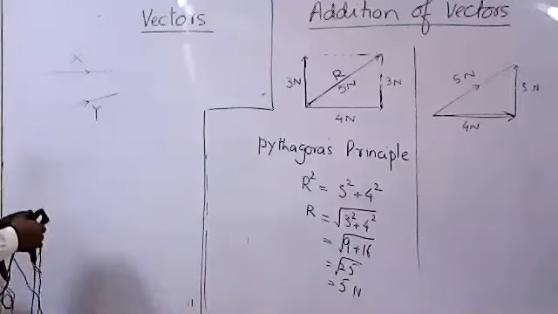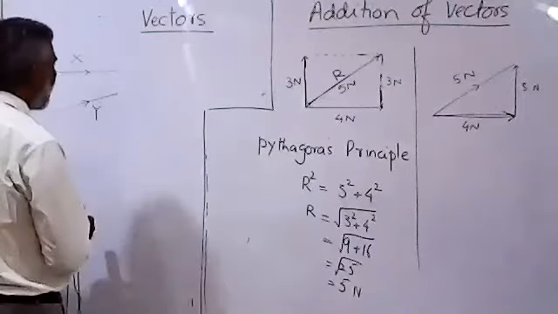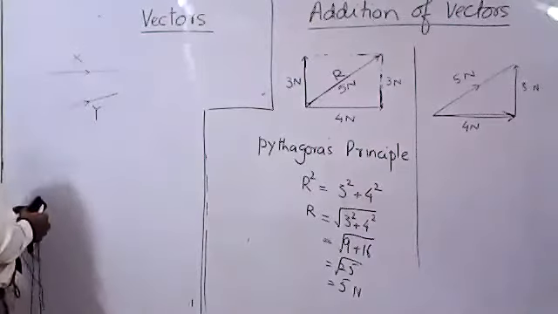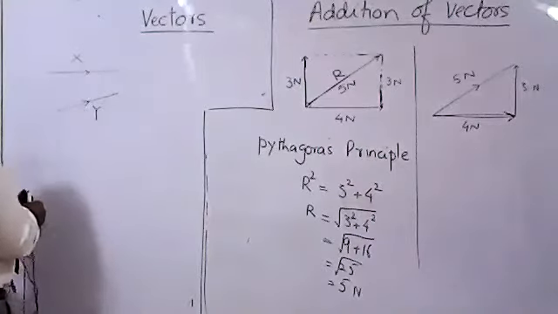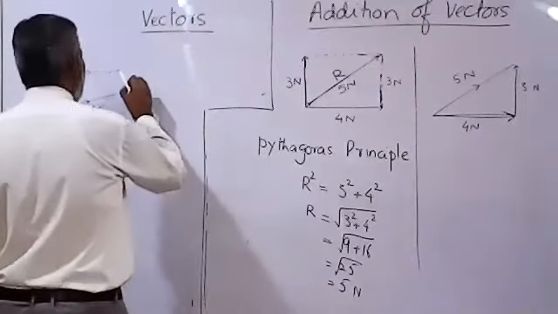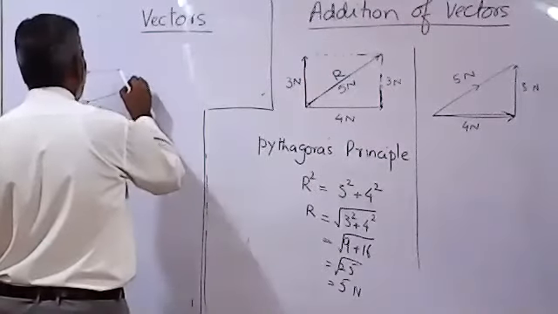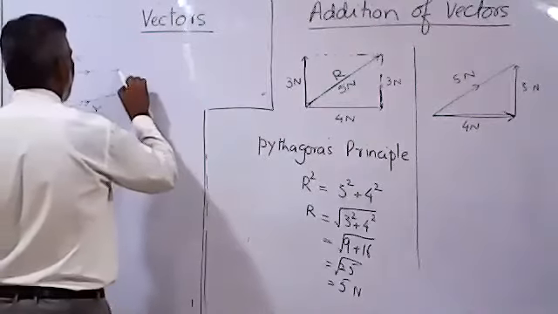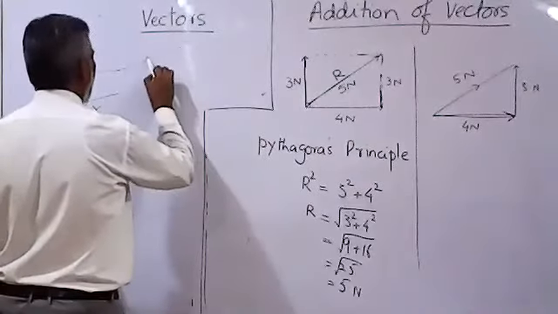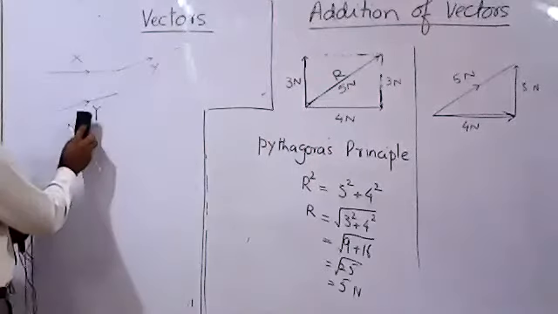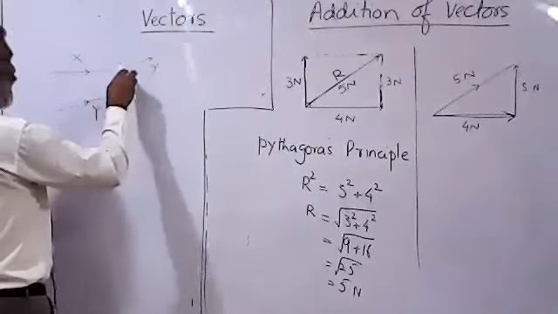So when I draw them using the head to tail rule, I redraw this vector so that the head of this vector joins with the tail of this vector. So let me redraw this vector here. This is vector y. So I have redrawn this vector y here.